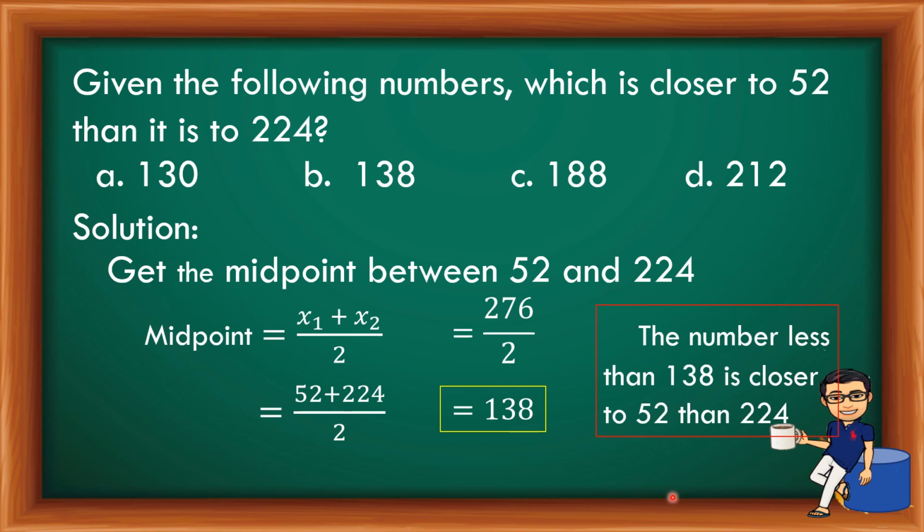The number less than 138 is closer to 52 than 224. So when we look at our choices, this is equal to 138, but again, we need less than 138. The only choice less than 138 is 130. Therefore, A is the number closer to 52.